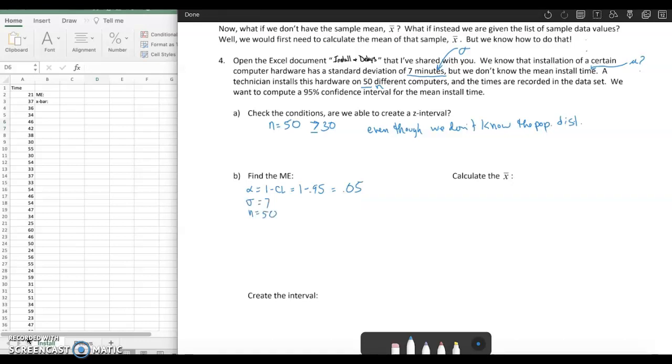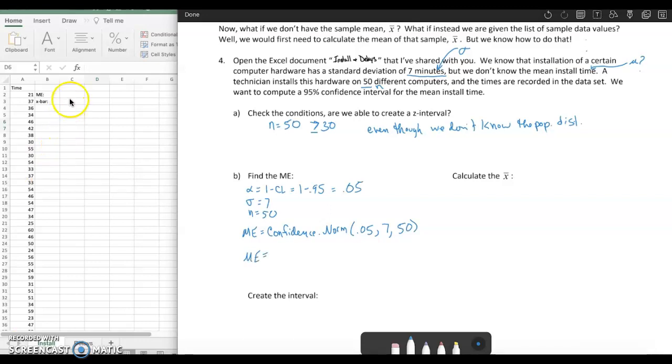We can then use Excel to find that margin of error by using the same formula that we've already used in this section, CONFIDENCE.NORM. And this takes the alpha, 0.05, comma sigma, which is 7, comma n, which is 50. And that will calculate our margin of error.